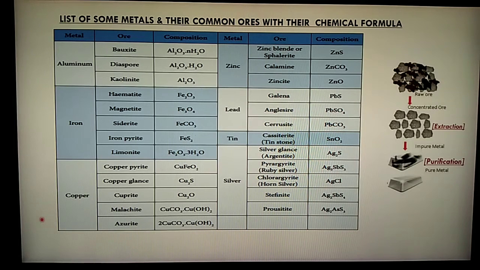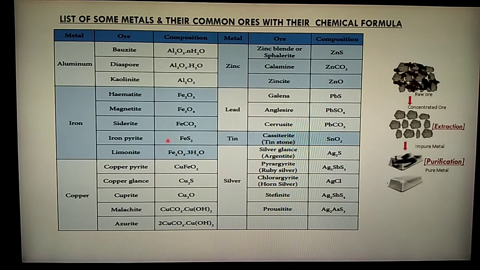So just see, in the aluminum metal, oxygen is present in the composition, isn't it? So the bauxite ore belongs to the oxide ores. Similarly, iron has iron pyrite.